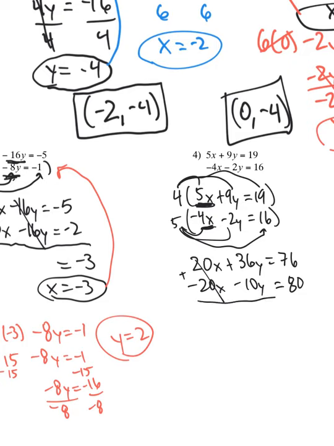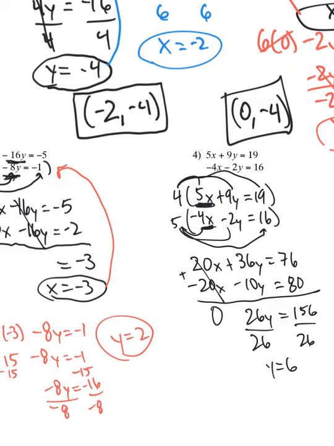The x's will cancel. We'll get 26y equals 156. It's just 156 divided by 26, which is 6.